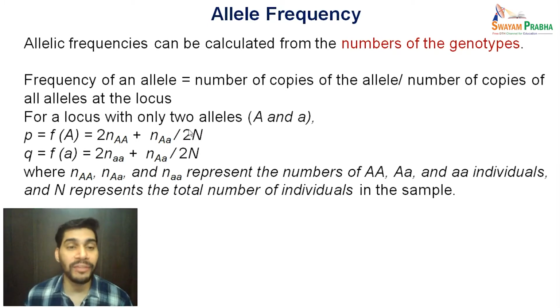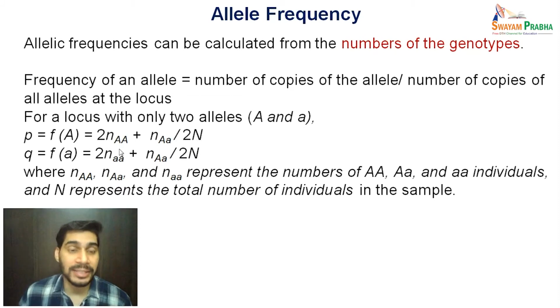Why are we doing this twice? We take twice the number of individuals because each individual carries two alleles for that particular locus. So the total number of alleles can be calculated by doubling the number of individuals.